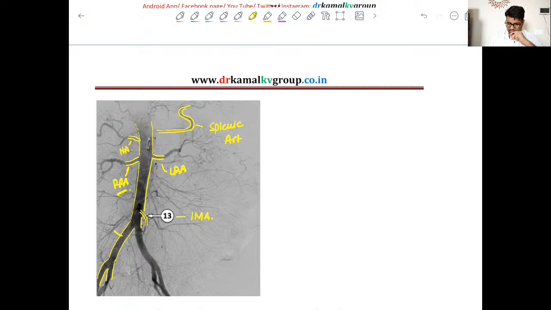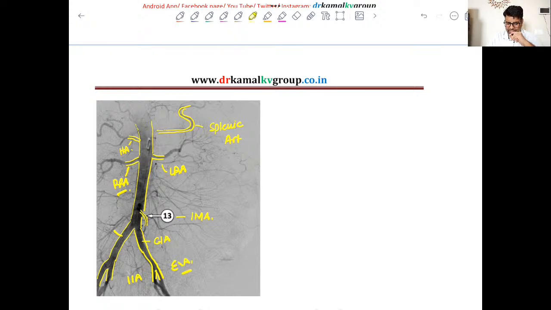Then these are the two divisions which are the common iliac arteries, right? So these are the common iliac arteries which divide further into the internal iliac and the external iliac artery, right?